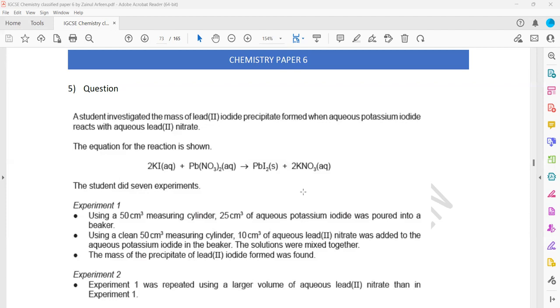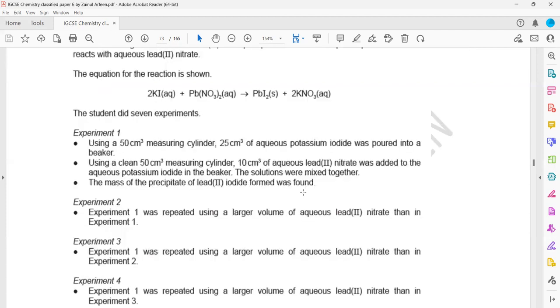A student did 7 experiments. He used a 50 cm³ measuring cylinder, and 25 cm³ of potassium iodide was poured into a beaker. Using a 50 cm³ measuring cylinder means the maximum capacity of the cylinder is 50, but he only poured 25 cm³ using that.